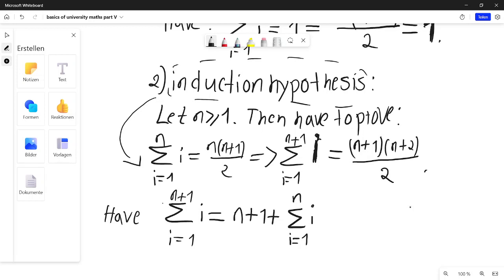This was just a sum from 1 to n, so of course this is equal to this. I just tried to explain how one could come up with that. Just look for similar things, look at what we'd like to achieve, and try to combine it in sensible ways. In simple proofs, it actually always works. Now we use the induction hypothesis.